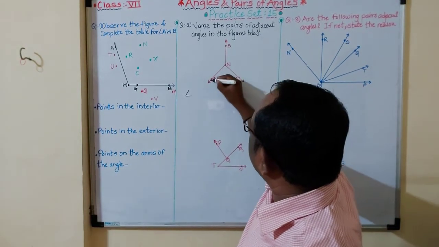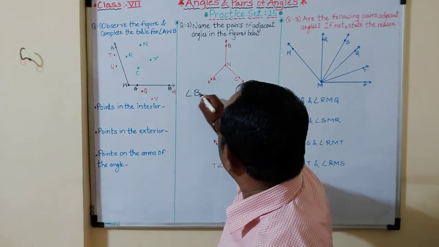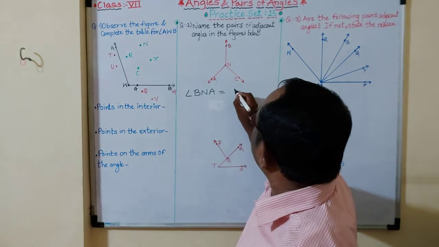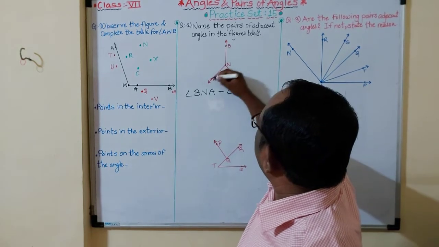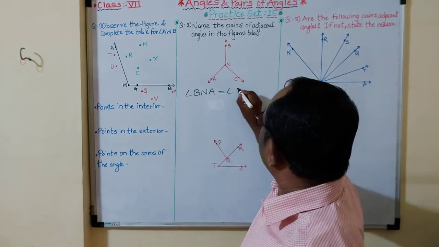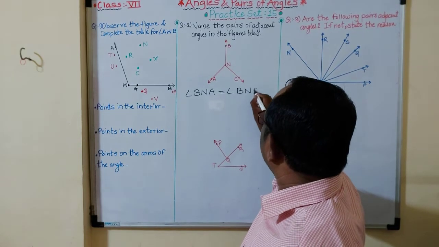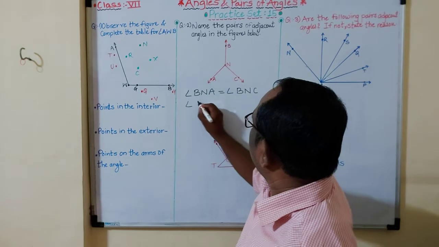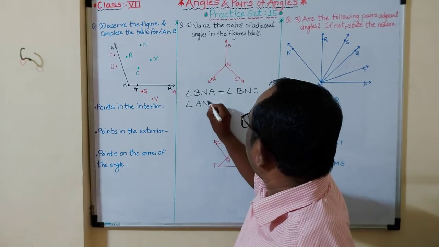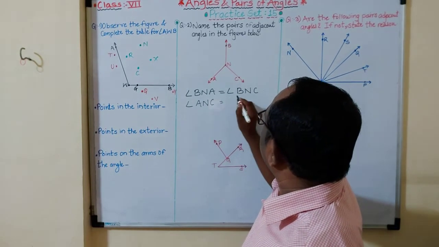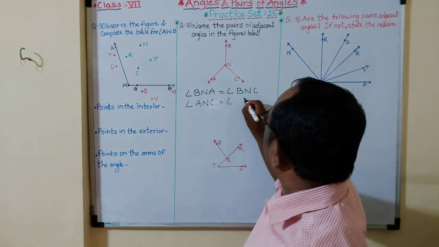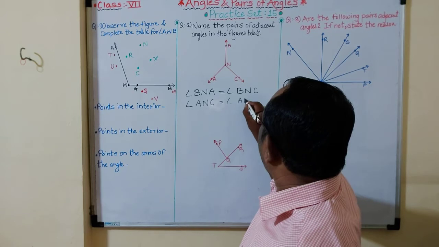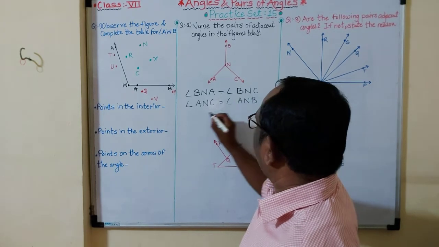Angle BNA is adjacent to angle BNC. The next, angle ANC is adjacent to angle ANB.